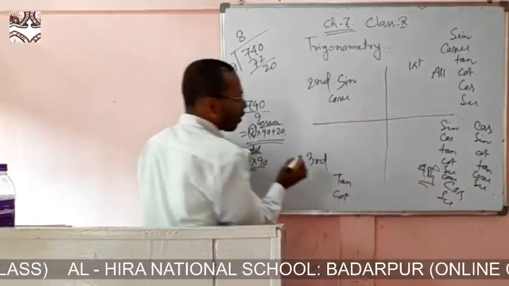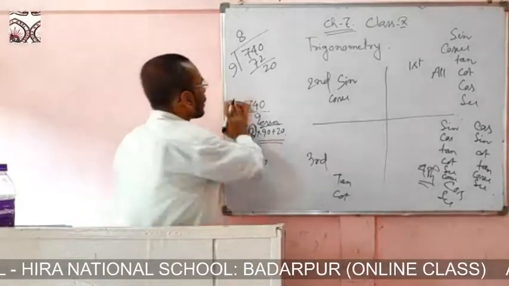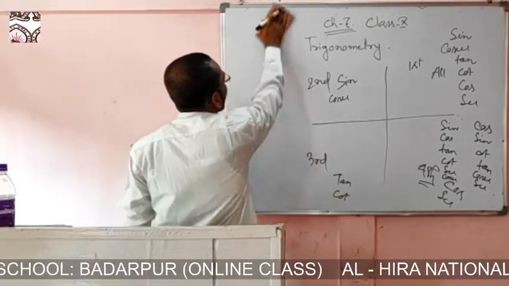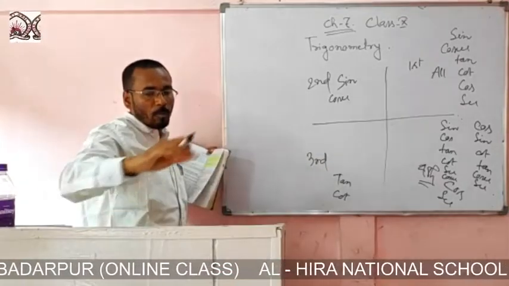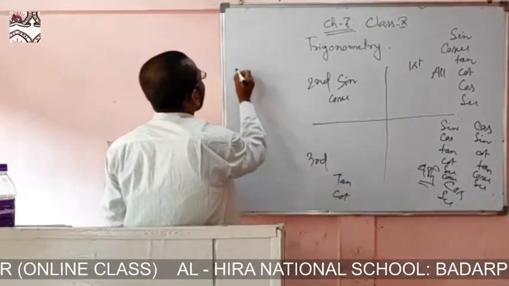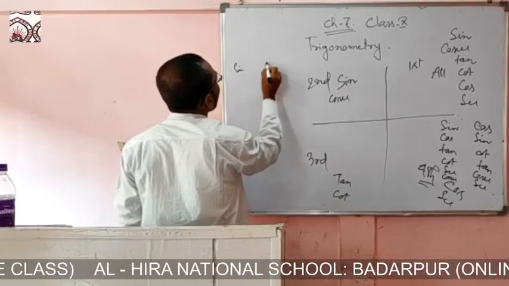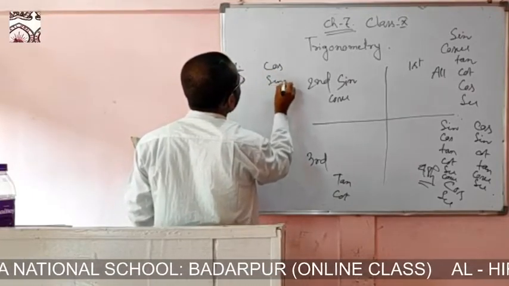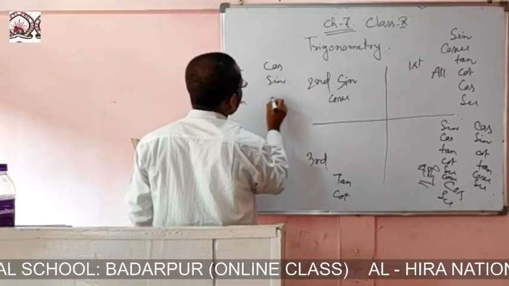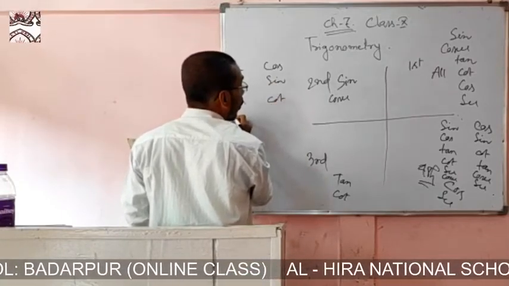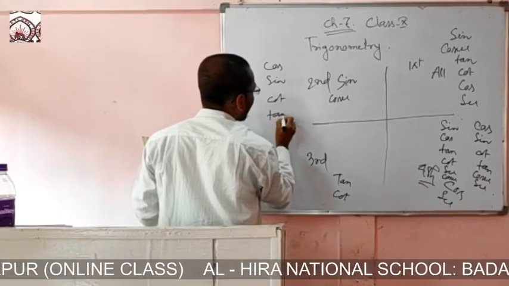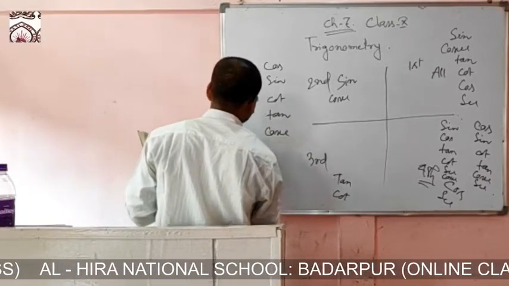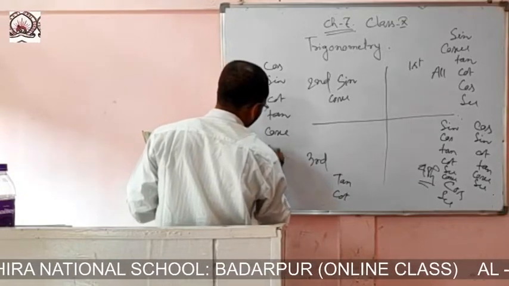So if the angle is an odd multiple, then sine becomes cos, cos becomes sine, tan becomes cot, cot becomes tan, sec becomes cosec, and cosec becomes sec.